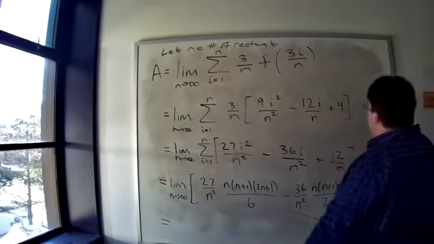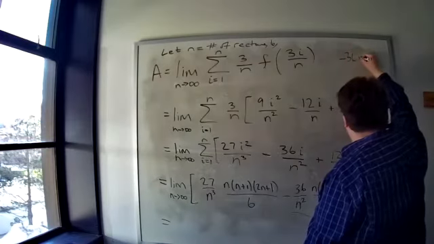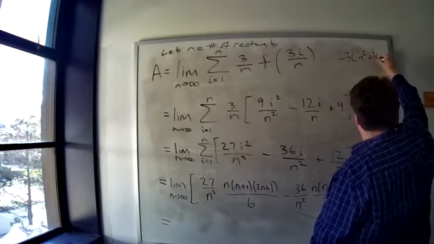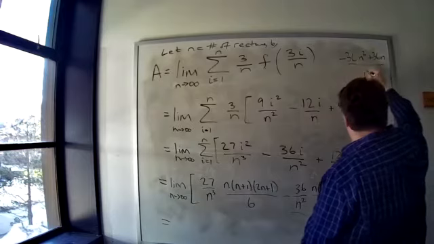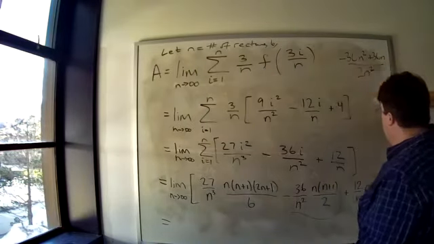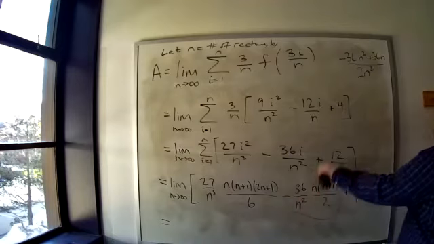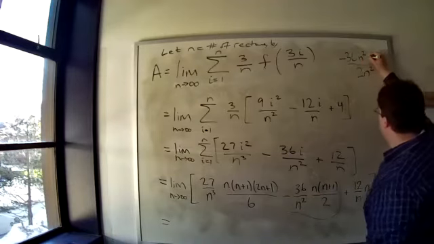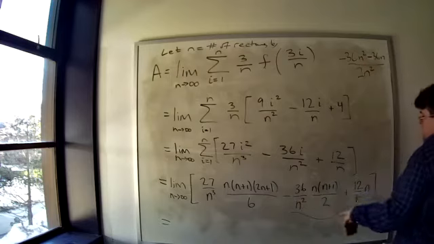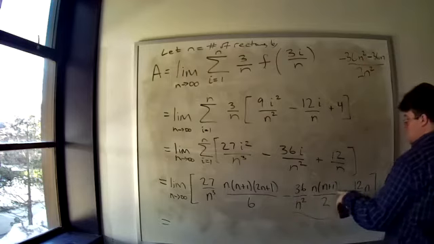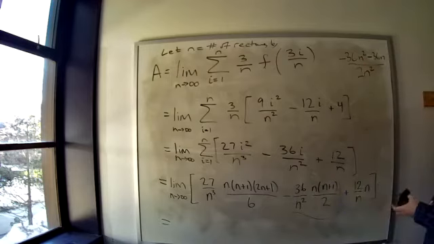So in this middle term, if you multiply everything out, you get negative 36. Oh, that's negative. What am I doing? Negative 36n squared minus 36n over 2n squared.